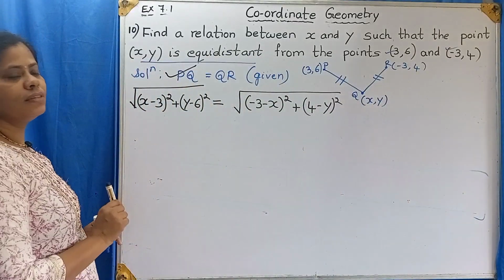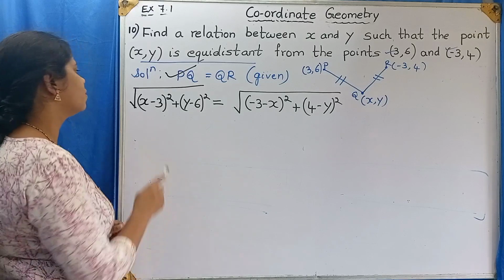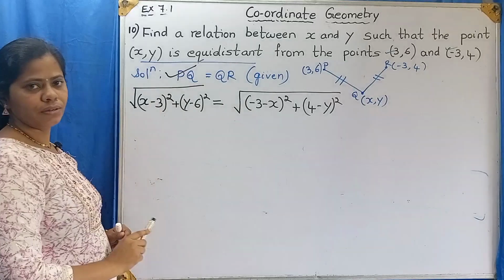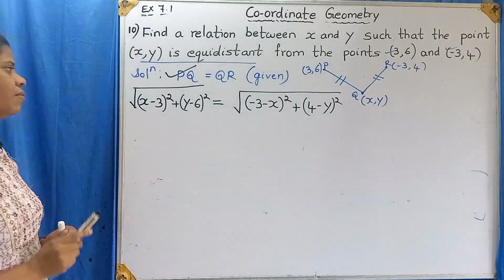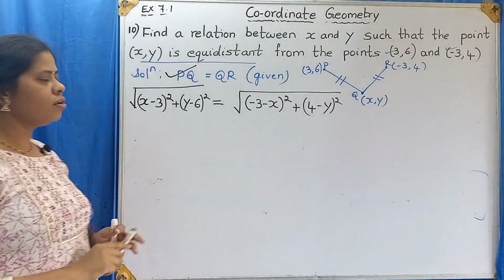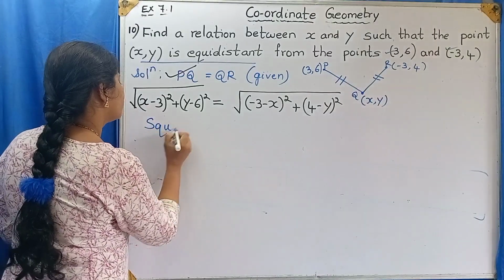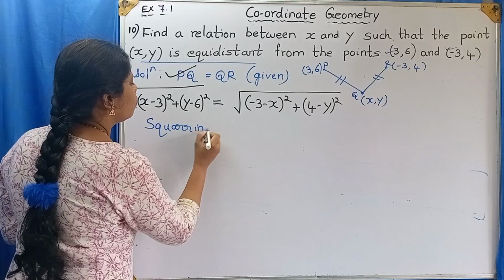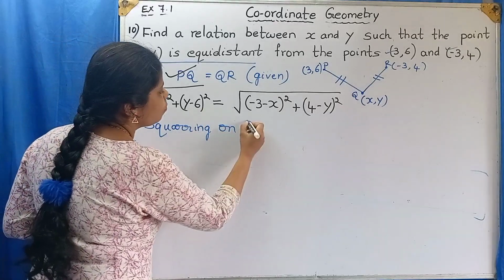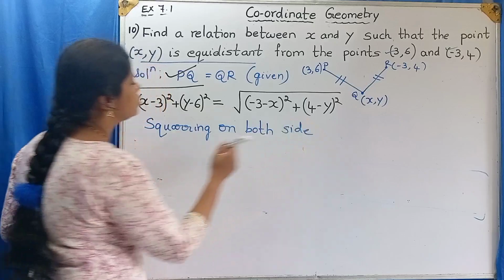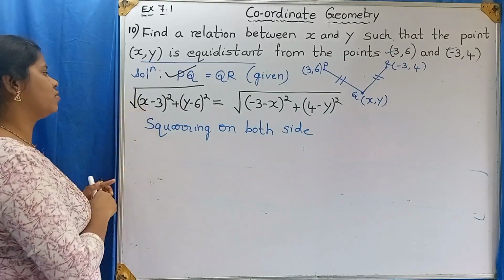Now we have to simplify, right? So first let us remove this square root. How to remove this square root? By squaring on both sides. Why are we doing this? To remove this square root.